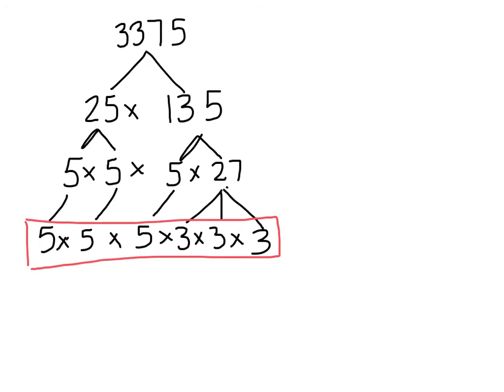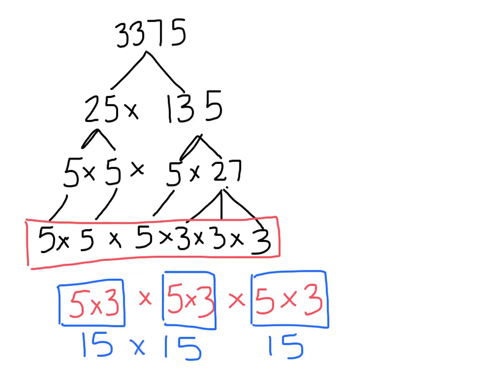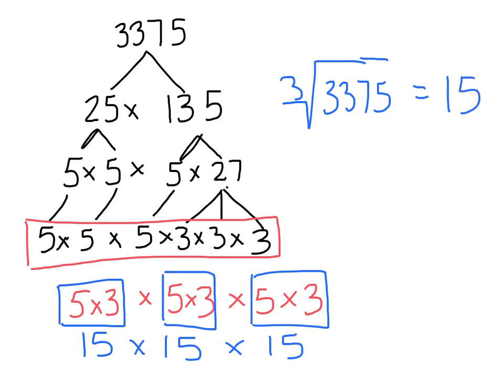So just to make it easier to look at, I'm going to make this 5 times 3 times 5 times 3 times 5 times 3. I still have the same number of 5s and the same number of 3s in my string. So we can see that I have 3 groups of 5 times 3, which tells me this is indeed a perfect cube. And each of those is equal to 15. So my cube root here of 3,375 equals 15.